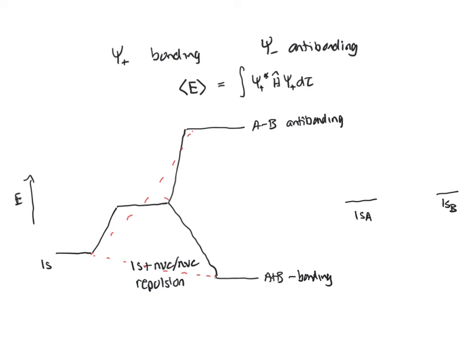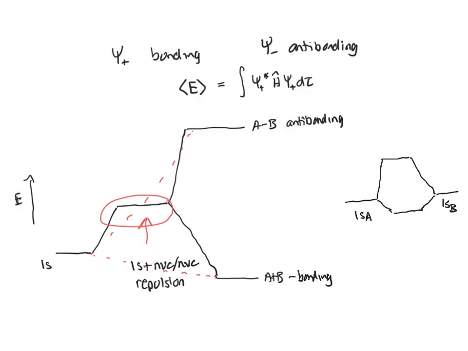And that's because this nuclear repulsion is pushing both of them up. And so when we think about what this looks like when we combine these, we end up with a bonding orbital that's down here, but an anti-bonding orbital that is more destabilized than the bonding orbital is stabilized.